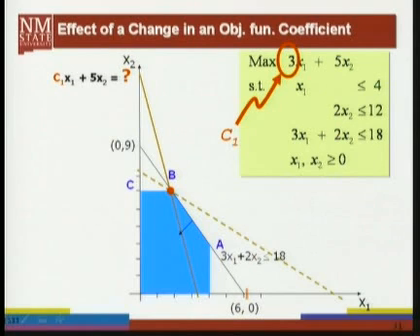So in that case, does the optimal solution remain the same as before? Of course not, right? To find the optimal solution, we need to find the point in the feasible region with the largest value of z, right? So we need to graph an isovalue line. But we already have one isovalue line, which is this, right?